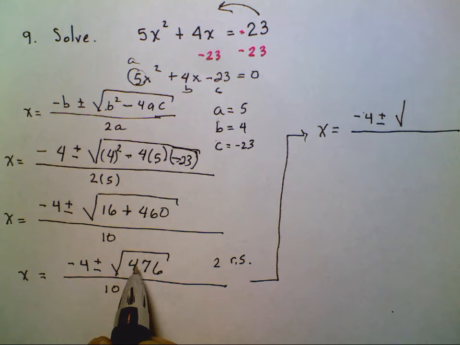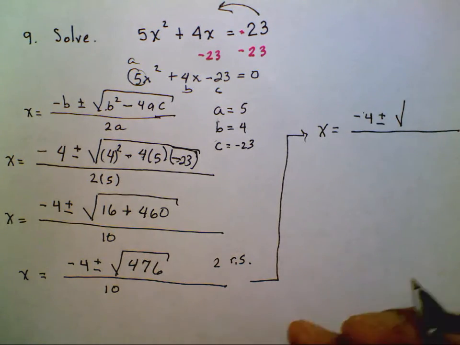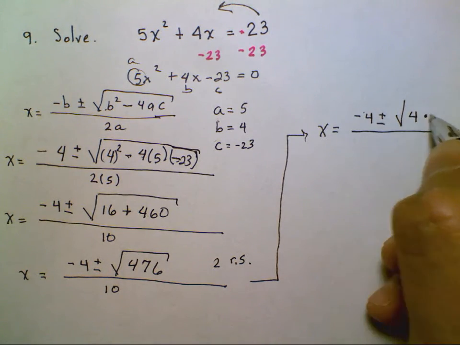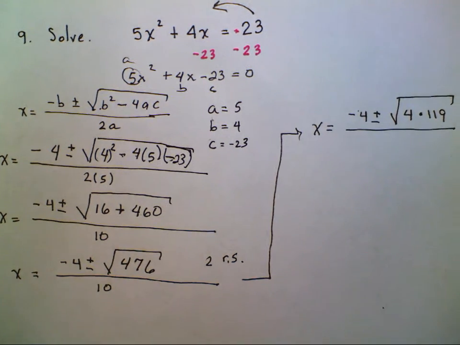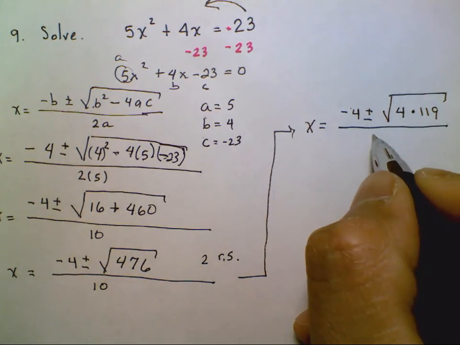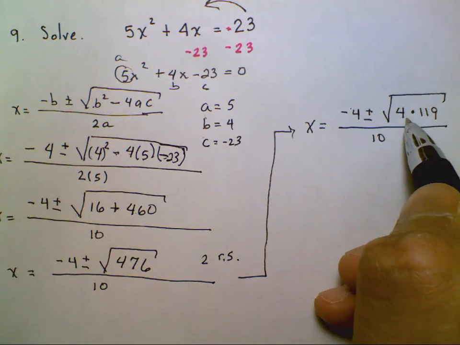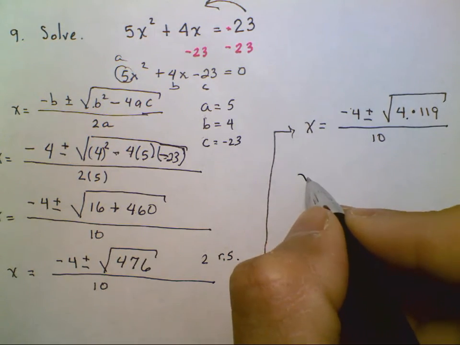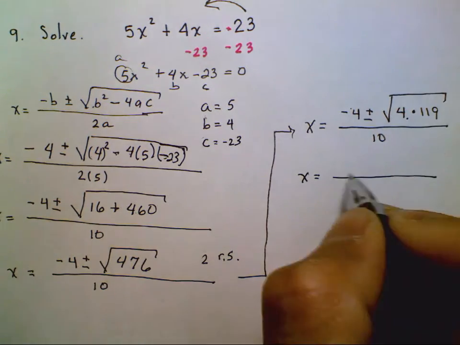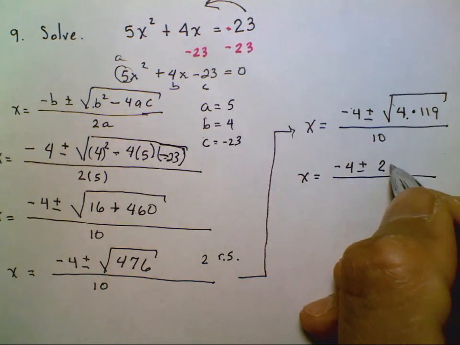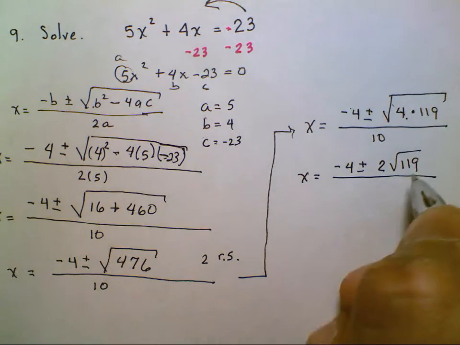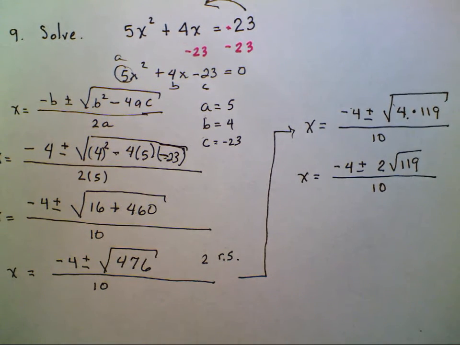You use your table, and for 476, the perfect square is 4 times 119. So in this case, over 10. The square root of 4 is 2. So x is equal to negative 4 plus minus 2 square root of 119 over 10. And the final step is simplify.